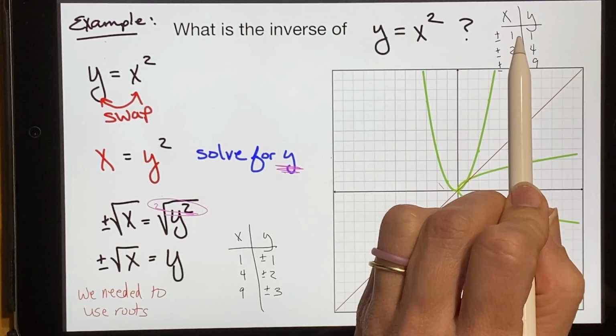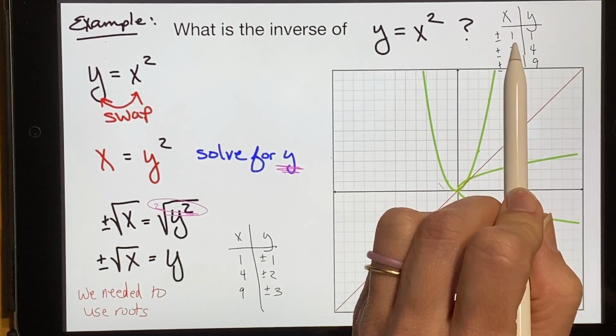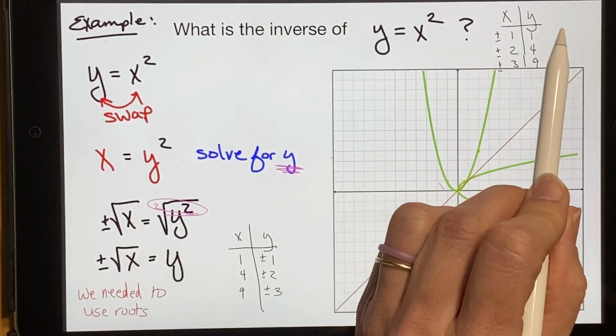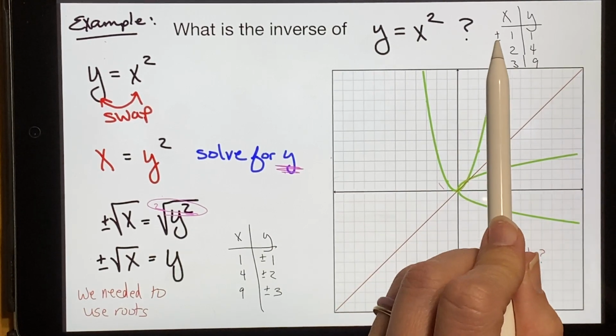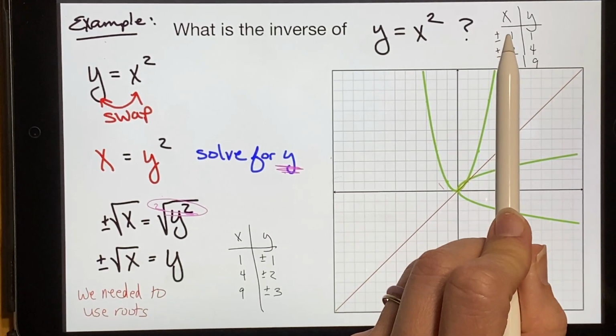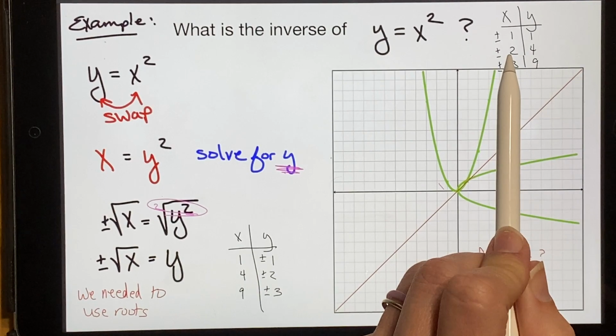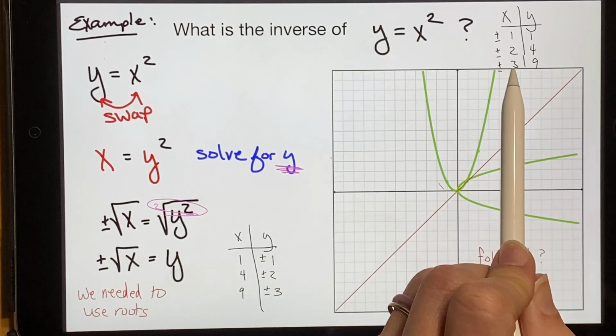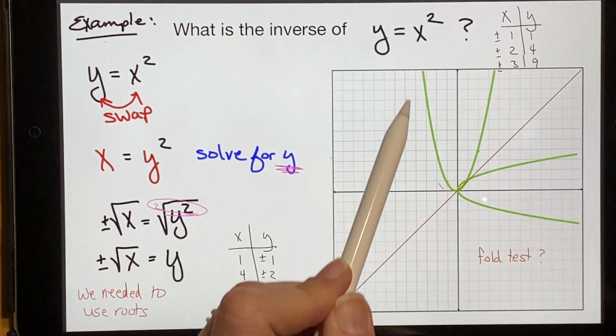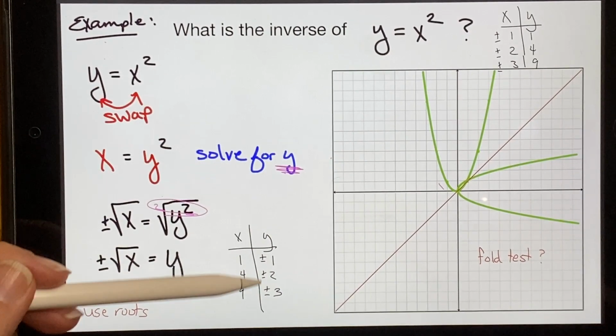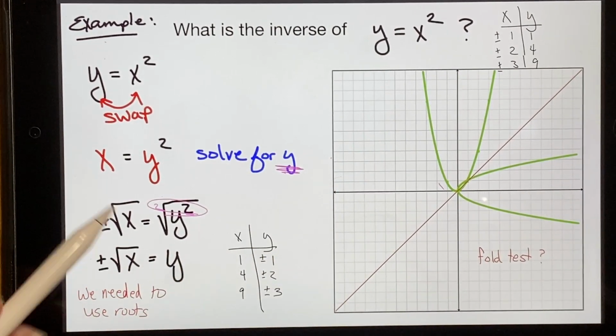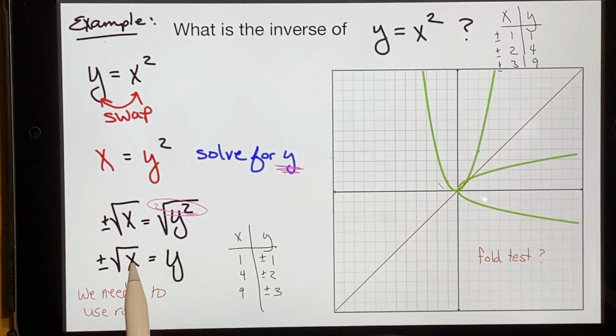So in the same way that I was able to make a table on this side and say that if x equals 1, y equals 1, if x equals 2, y equals 4, if x equals 3, y equals 9, and make that graph. Now, as I have folded it over, when x equals 1, y equals 1. I'm going to use perfect squares because that's a lot easier.